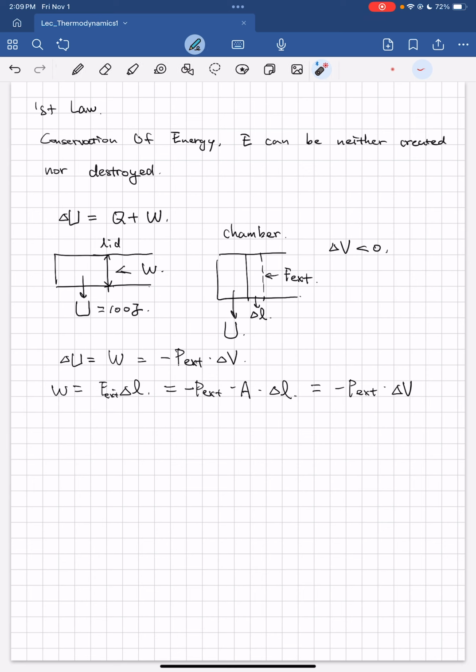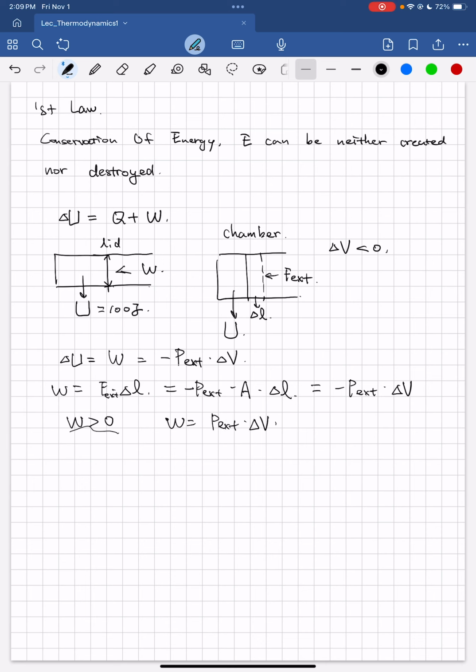And let me write it. If work is positive, in order to achieve this, if there is no minus, then it should be written like that, right? But this is positive. This is positive. This is negative because you contracted it. Delta V is V final minus V initial.